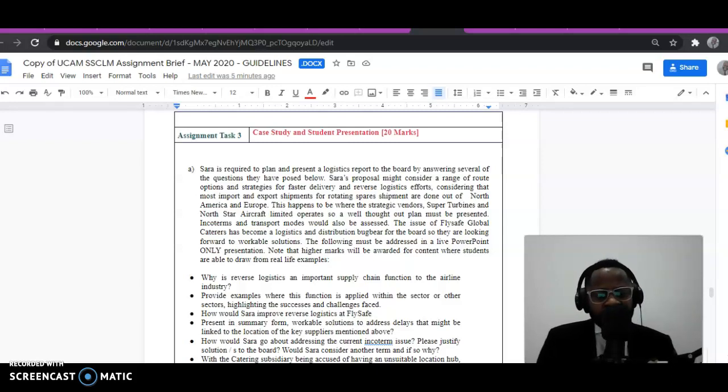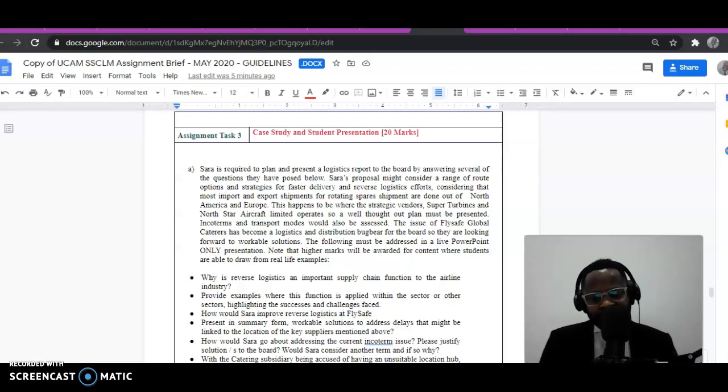Provide examples where the function is applied within the sector or other sectors, highlighting the successes and challenges faced. Well, this is an opportunity for you to talk about reverse logistics in other sectors other than the airline industry, like Apple, which we did mention briefly. Even Amazon practices reverse logistics.